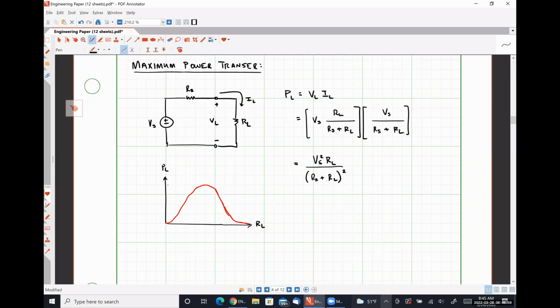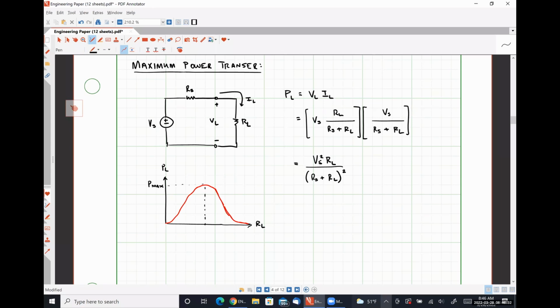Where the vertex of this graph corresponds to the value of RL that makes the practical voltage source deliver the most amount of power. So I'm going to call that P max.